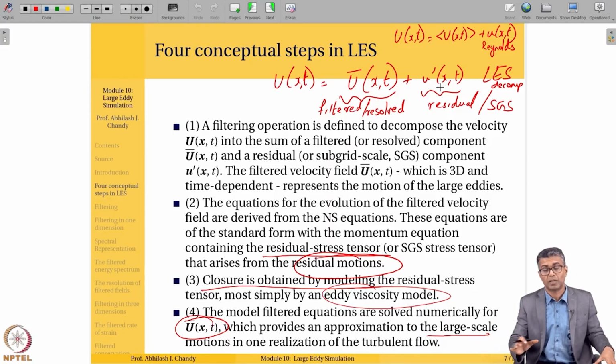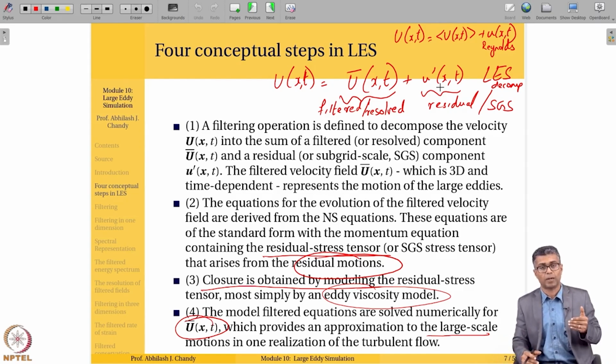They were not transient. Whereas here, you are filtering in space, so what you get is still a 3D random field. It is filtered, yes, but it is fluctuating in time. That is transient. So that's how you get your filtered Navier-Stokes equations.